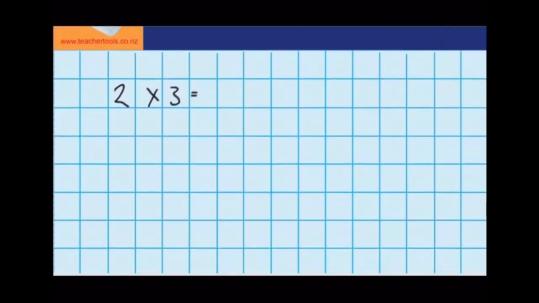Let's start with this question here. 2 times 3. Well, I want to start by thinking about what this looks like. We could start by thinking of this multiplication sign as meaning groups of. So you can see I need 2 groups of 3.